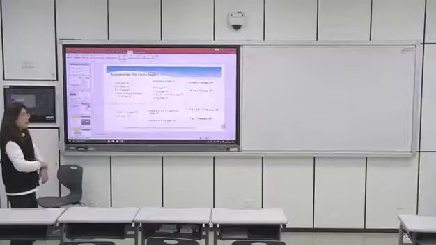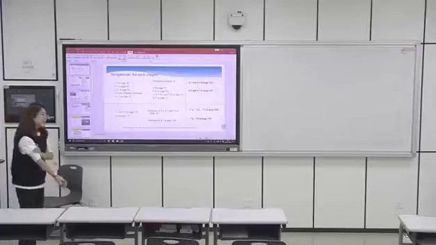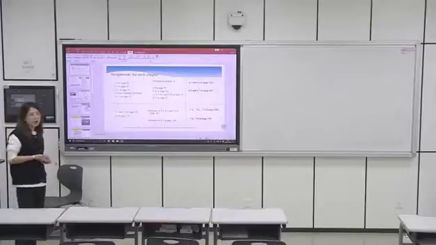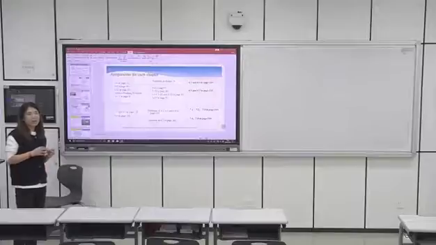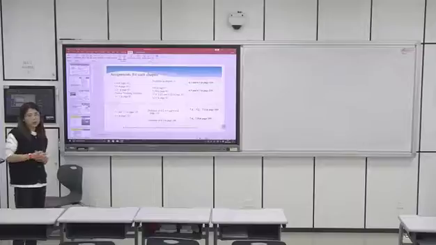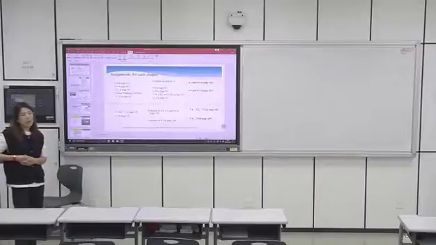So if we know these two parameters, then based on these two parameters, we can judge if a soil is well distributed soil or a poorly distributed soil, right?